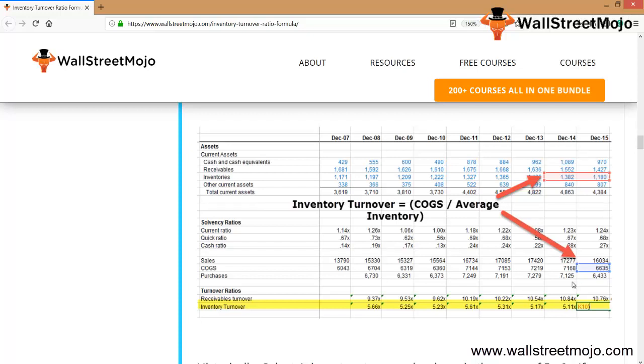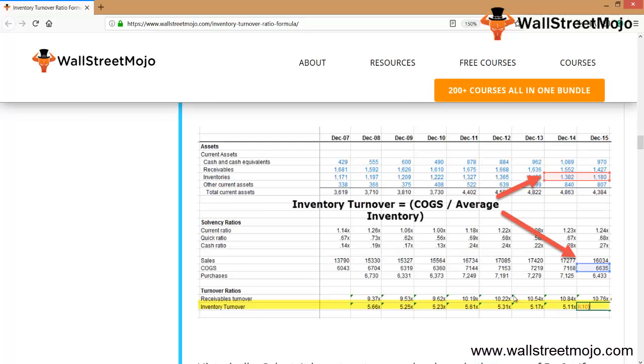Historically, Colgate's inventory turnover ratio has been in the range of 5x to 6x. If we observe closely, it has been a bit lower in 2013 to 2015. As you can see, 5.17x, 5.1x, so it's decreasing. This indicates that Colgate is taking a bit longer to process its inventory into finished goods.